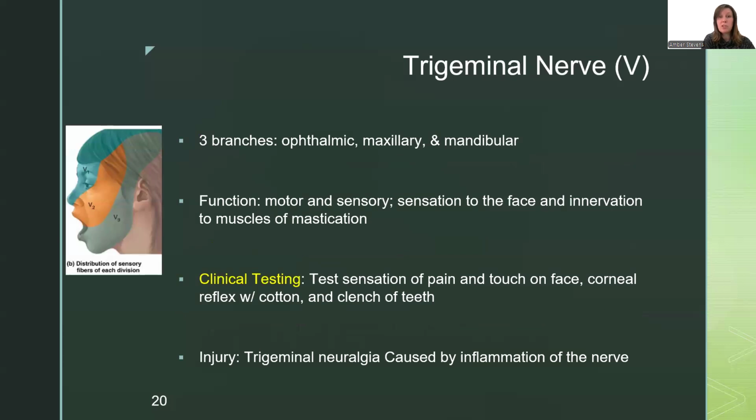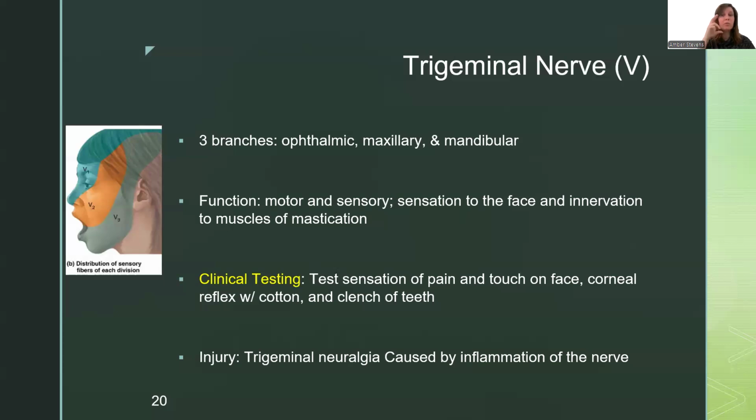All right, so trigeminal nerve 5. This one is probably the most important one in dentistry because it does affect a lot of the teeth and the motor functions of the mouth. Okay. So it is a mixed nerve and it has three branches. So you have the ophthalmic, the maxillary, and the mandibular. Okay. For sensory, it provides sensation to the face.